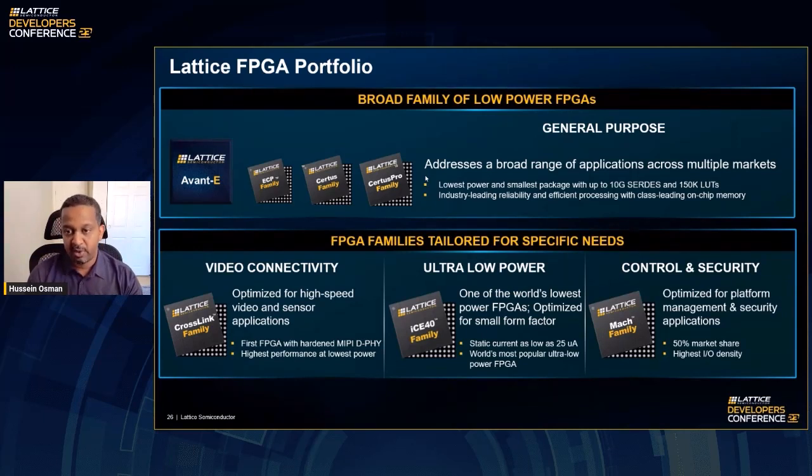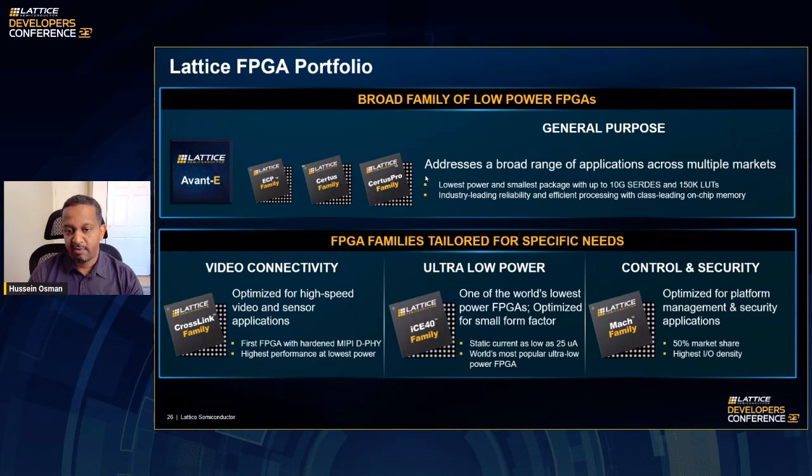On the top, these are general purpose FPGAs. These FPGAs tend to have more capabilities, like 10 gig SerDes, up to 150K LUTs. The iCE, for example, the largest device is about 8K LUT. The CrossLink family, the largest device is about 40K LUT. So the devices in the broader family are used for heavier processing.